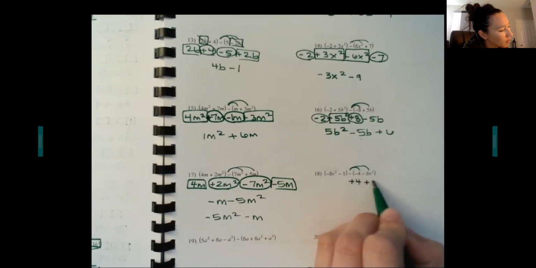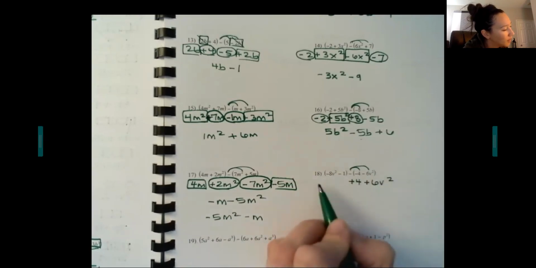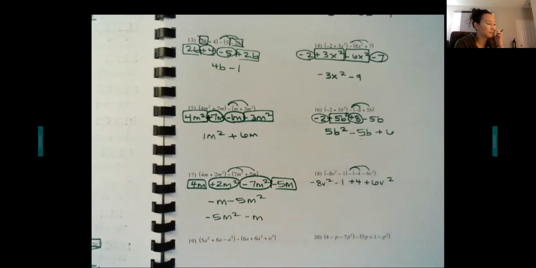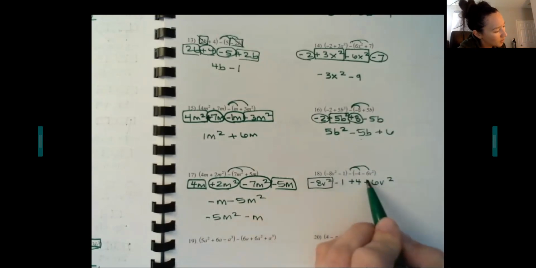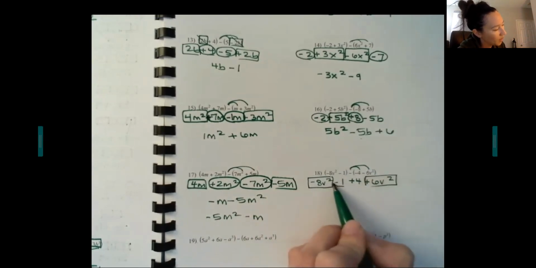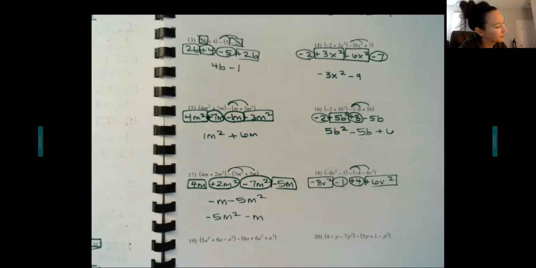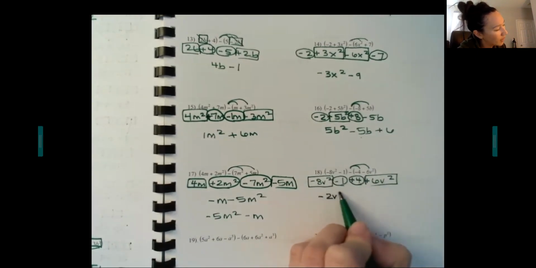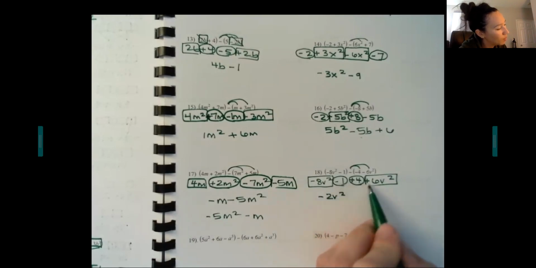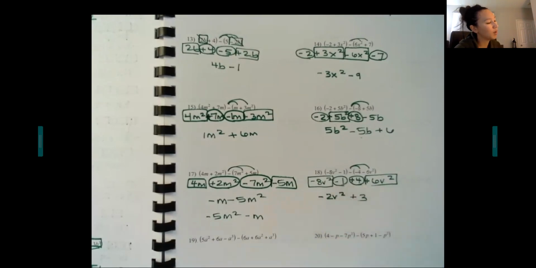Negative 6 becomes positive 6b squared. We bring down negative 8b squared minus 1. So we can combine our b squareds and we can combine our integers. So negative 8b squared plus 6b squared is negative 2b squared. Negative 1 plus 4 is positive 3.